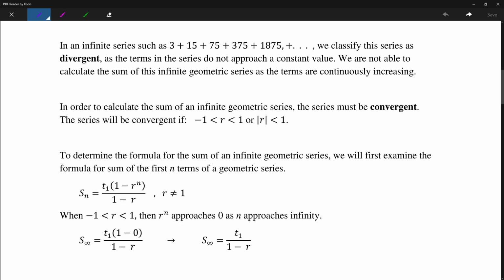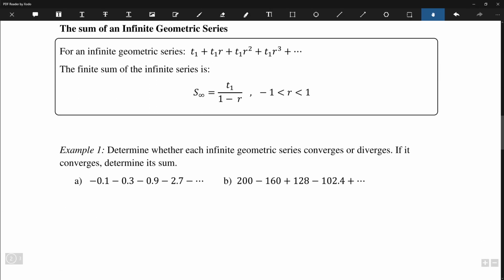So it simplifies to just the infinite sum being equal to the first term divided by 1 minus r. Okay, which allows us to do a couple of different things. First of all, we can find the sum of a geometric series. Again, this right here in the box is just the same idea, but condensed.